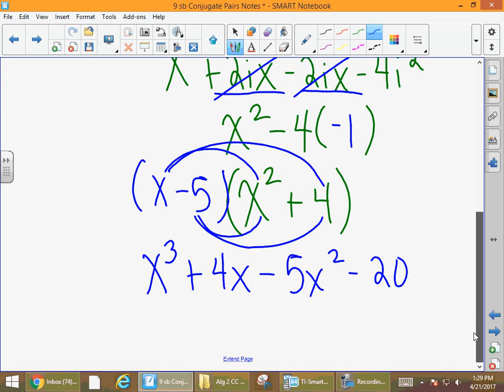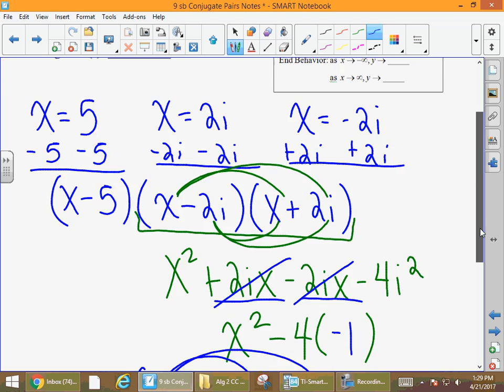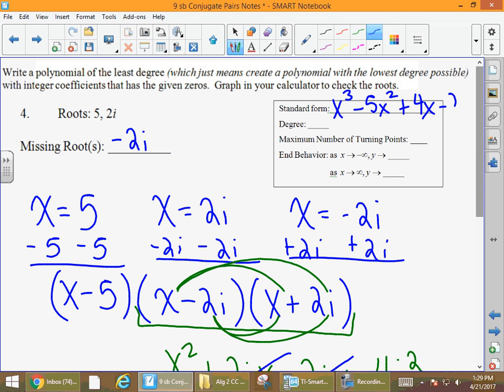Then our next highest exponent is plus 4x. 3, 2, 1. And then our minus 20 is our constant value. Standard form. What's the degree? 3. What do we call a third degree polynomial? Cubic. Maximum number of turning points: 2. 1 less than the degree.